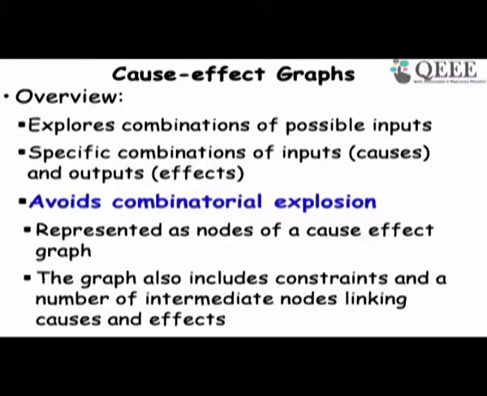So the combinatorial explosion that is seen in a decision table can be restricted here. The cause and effect are represented as nodes, and also we can include constraints, and introduce intermediate nodes to link between the cause and effect.